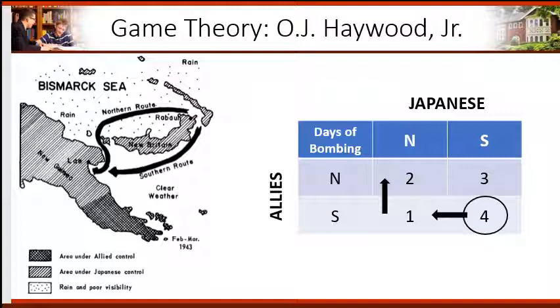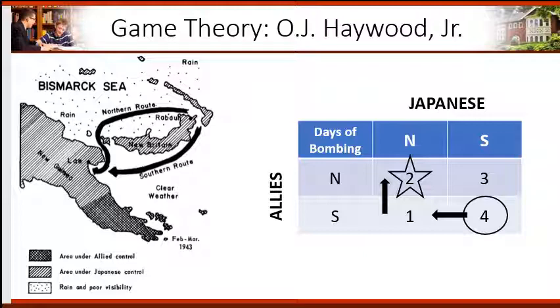So if the Allies are sending planes north, what's the best strategy for the Japanese? Well, maybe I got you. Actually, it's still to go north, right? Because again, fix the Allied strategy at north. So take the top row of that matrix. And you see that if the Japanese were to deviate, that's a technical term, deviate and go south, they would get bombed for 3 days, but as it is, they only get bombed for 2.